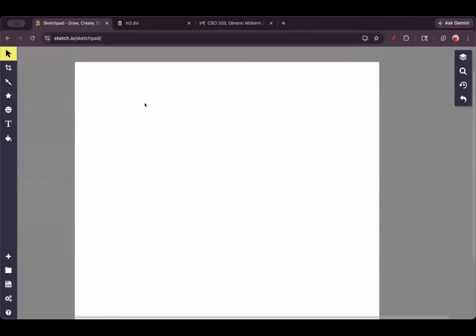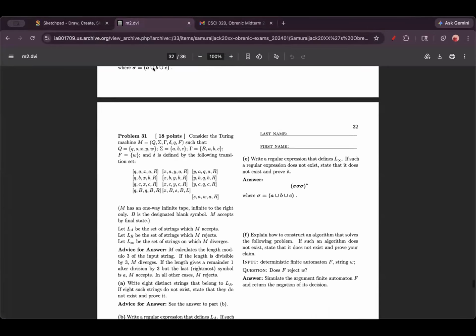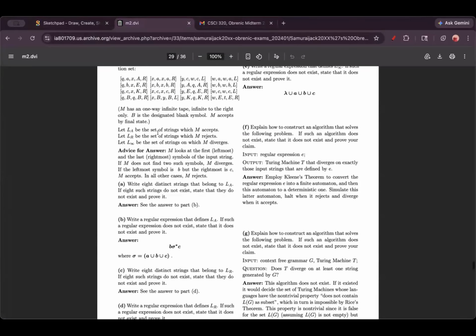A pumping lemma is like a proof by contradiction. So basically, you would assume the opposite, that this language is regular or this language is context free. So let's focus on regular languages, and then we can do context free pumping lemma.